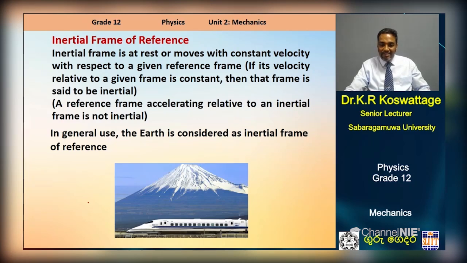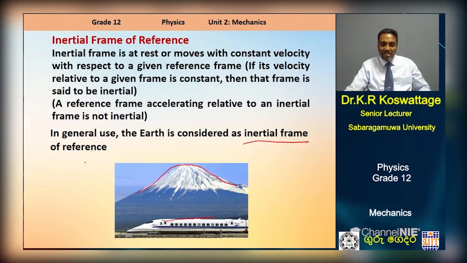Here is an example. This train is the so-called Shinkansen. Its English name is bullet train, in Japan, which is considered one of the fastest passenger trains in the world. Here you can see Mount Fuji. If the Shinkansen is moving at a constant velocity, we can say the Shinkansen is an inertial frame of reference.